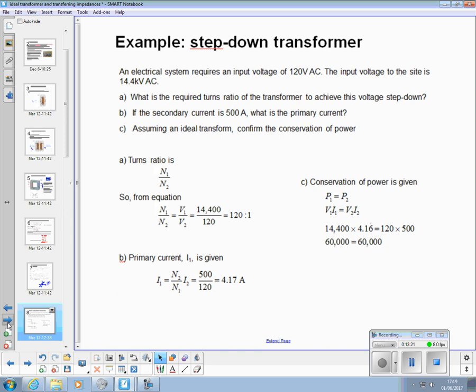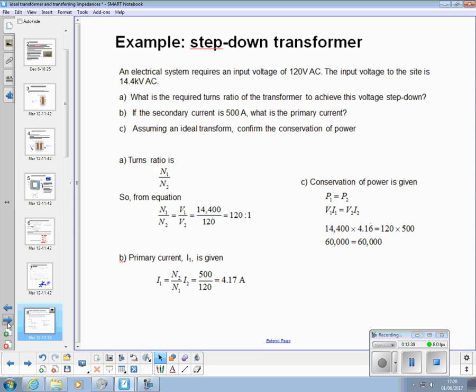So, by way of example, and I believe these are in the notes, electrical system, 120 volt AC, input to the site is 14.4 kV AC. What's the required turns ratio of the transformer to achieve this voltage step down?